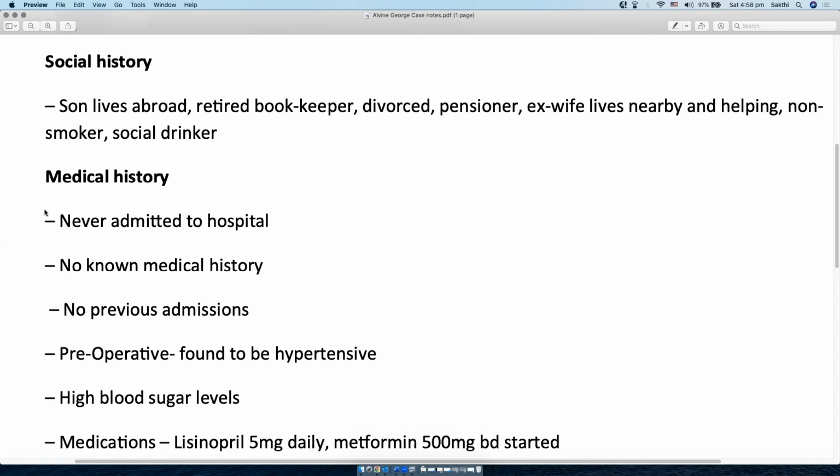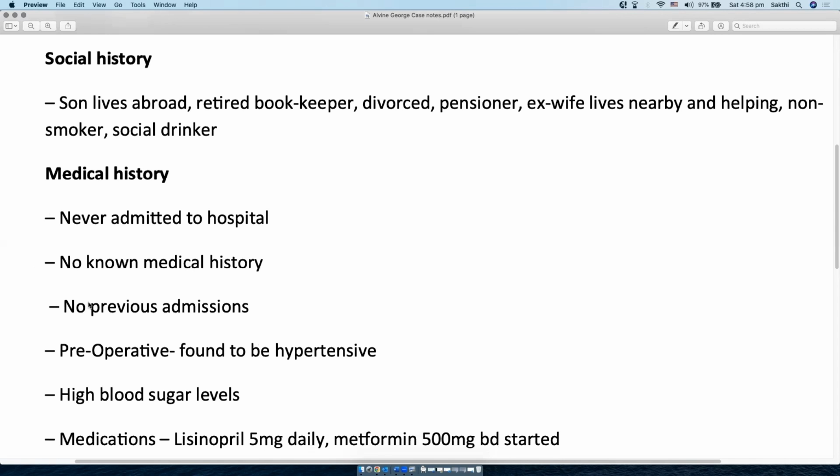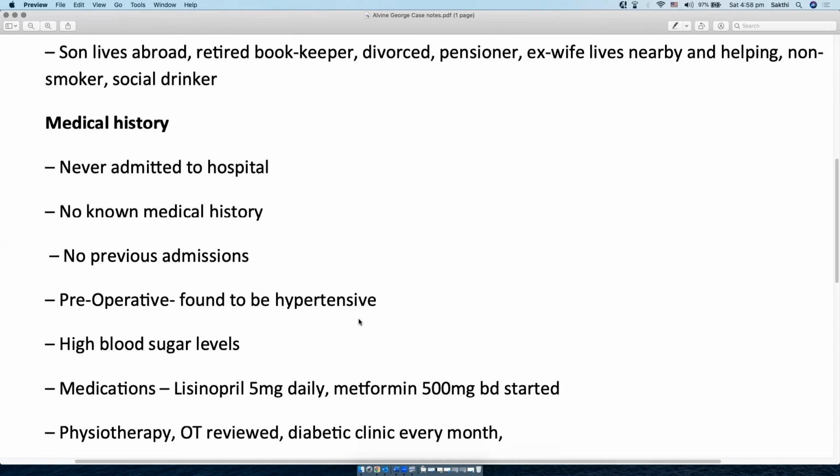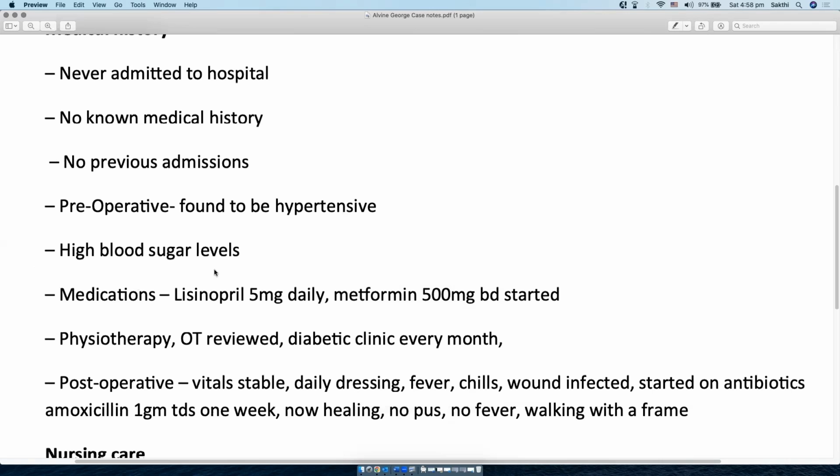The medical history includes never admitted to hospital, no known medical history, no previous admissions, pre-operative found to be hypertensive, high blood sugar levels, medications, lisinopril 5 mg daily, metformin 500 mg BD started.